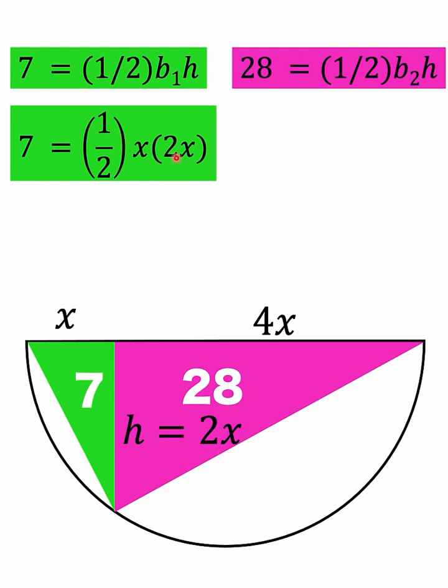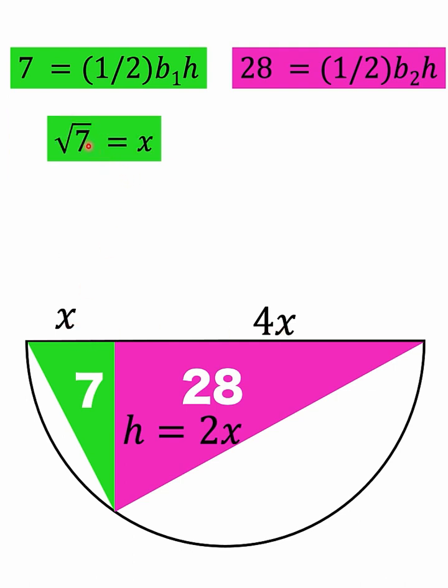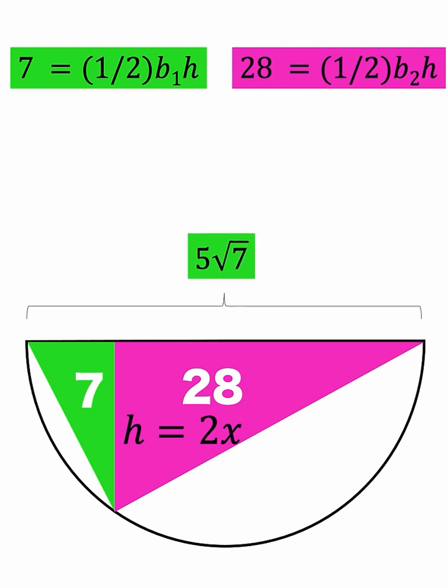Then 1/2 times 2 is 1. So the right side becomes x squared. Solving for x, take the square root of both sides to get x equals square root of 7. This means that this x is equal to square root of 7 and this 4x is equal to 4 square root of 7. Adding these two bases, that is equal to 5 square root of 7, which is now the measure of the diameter of this semicircle.